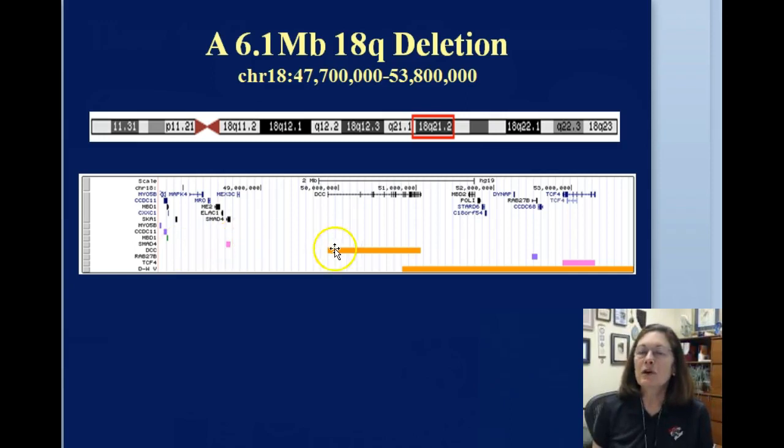The genes shown, for example, in the low penetrance are orange again, and so this gene, DCC, is associated with congenital mirror movements, but we see that in less than 50% of the people with deletions of this gene. The higher risk things found in more than 50% of people are this gene SMAD4, which is associated with polyposis of the stomach and duodenum, and this gene TCF4, which is associated with Pitt-Hopkins syndrome.